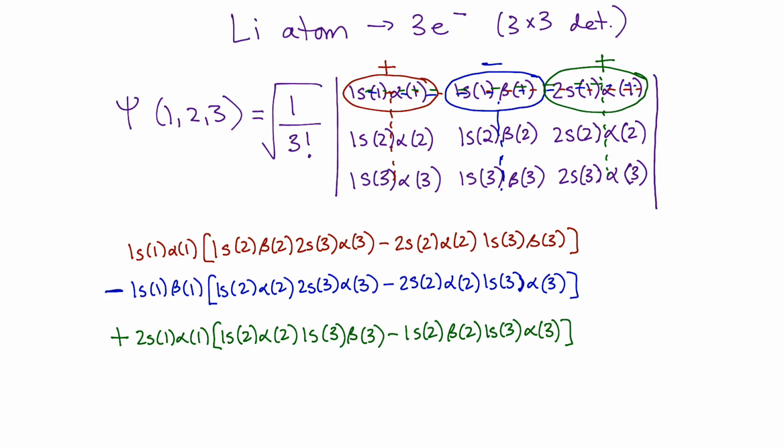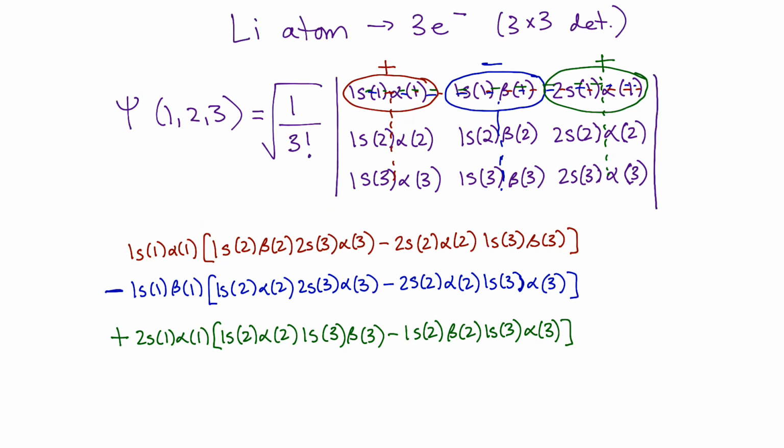As you can see, as we get more and more electrons, these determinants get more and more involved to evaluate. So generally I would not, in reality, have you evaluate anything beyond a 2x2 determinant. It just gets, as you can see already, just with 3 electrons, it gets kind of annoying.